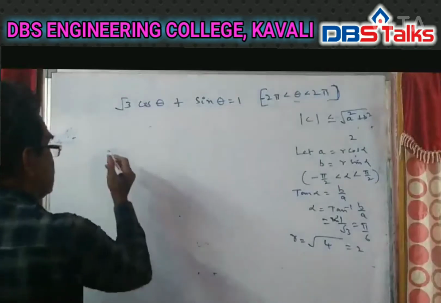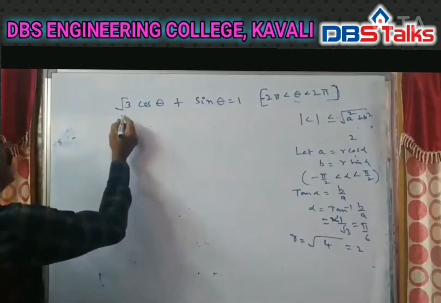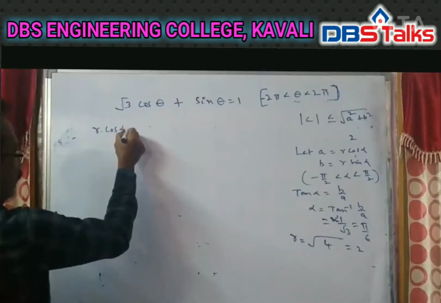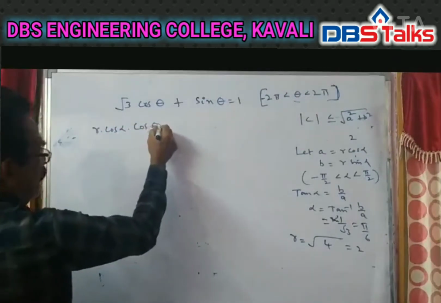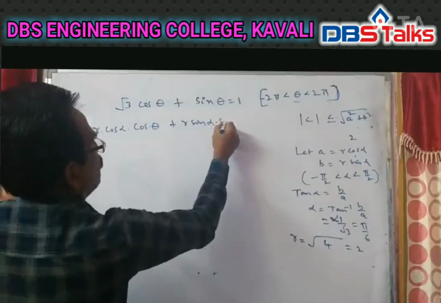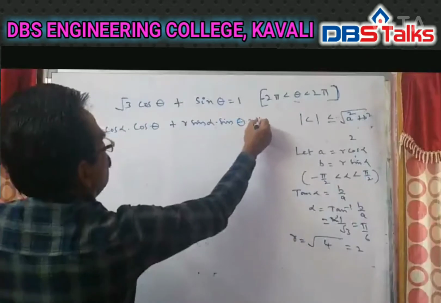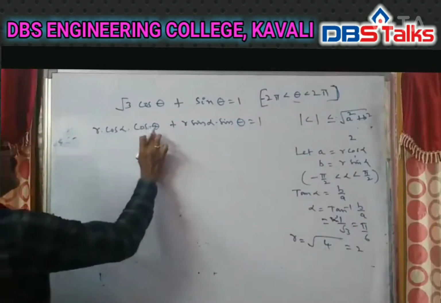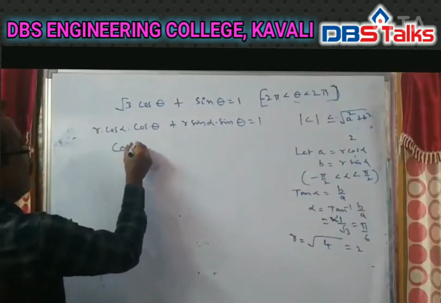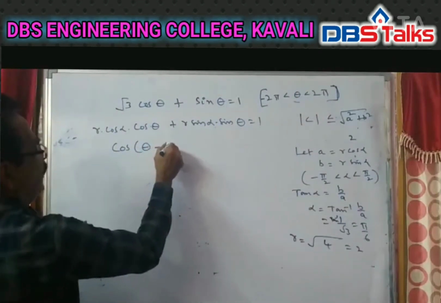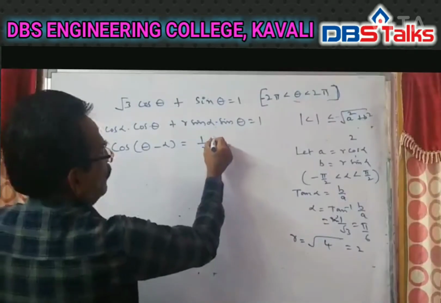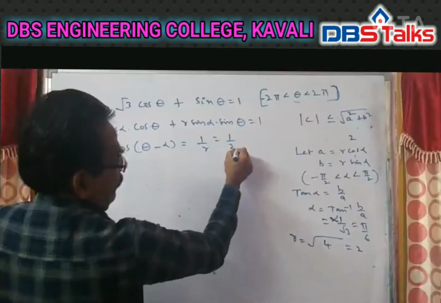Now let us see. A is equal to r cos alpha. R cos alpha into cos theta plus r sin alpha into sin theta is equal to 1. This is cos theta cos alpha plus sin theta sin alpha, that is cos of theta minus alpha, equal to 1 by r, that is 1 by 2.